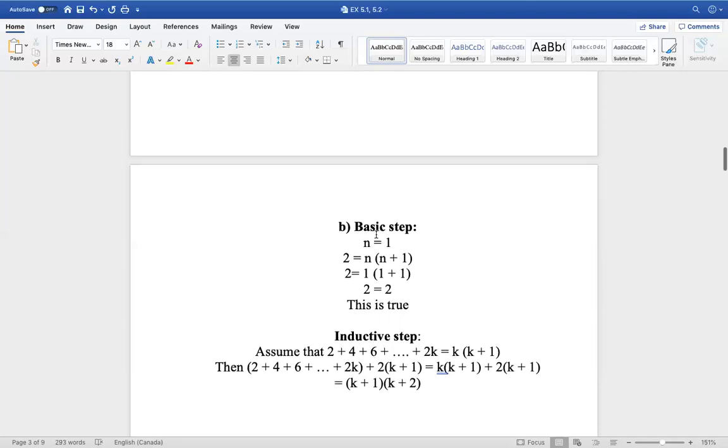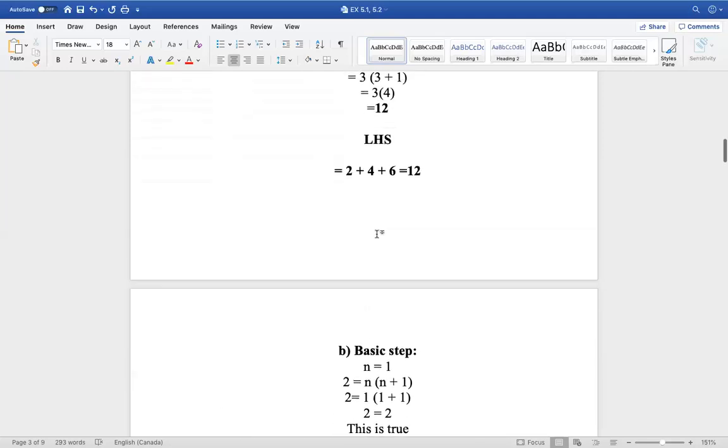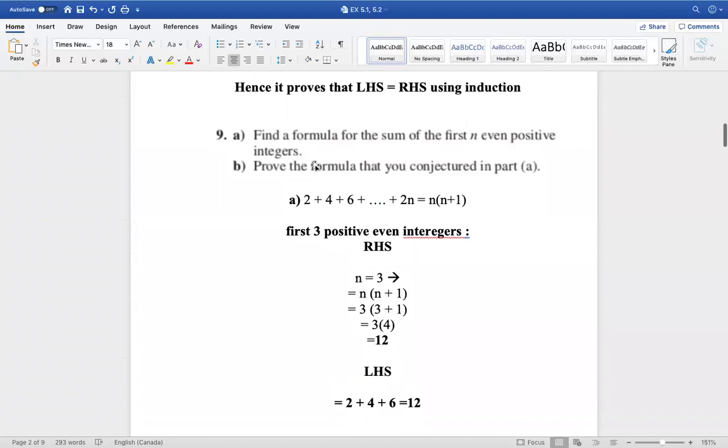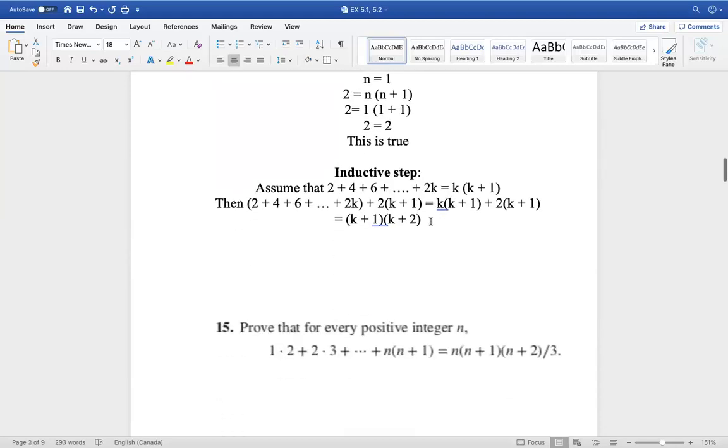Okay, and therefore we have proved this here, that the sum of the first n even positive integers equals n into n plus 1, because we have made it in that form.